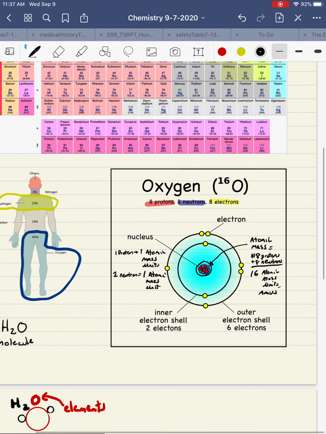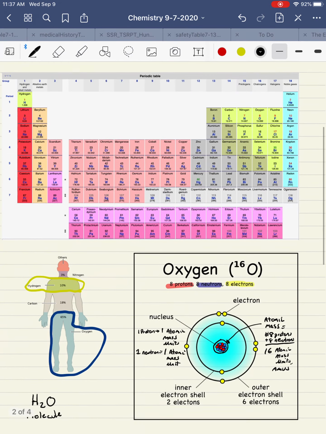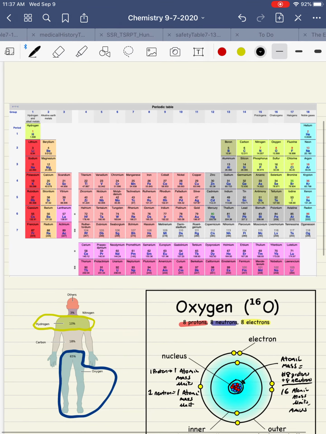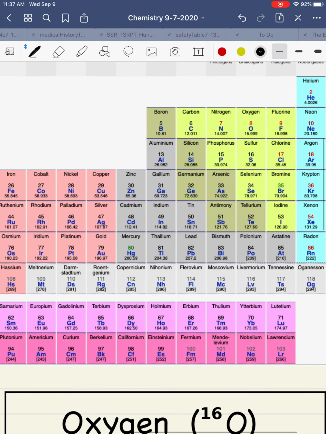And let's see how we can figure this out from the periodic table of elements. You will get this on your exam. You do not need to memorize this, but let's look for oxygen right over here.